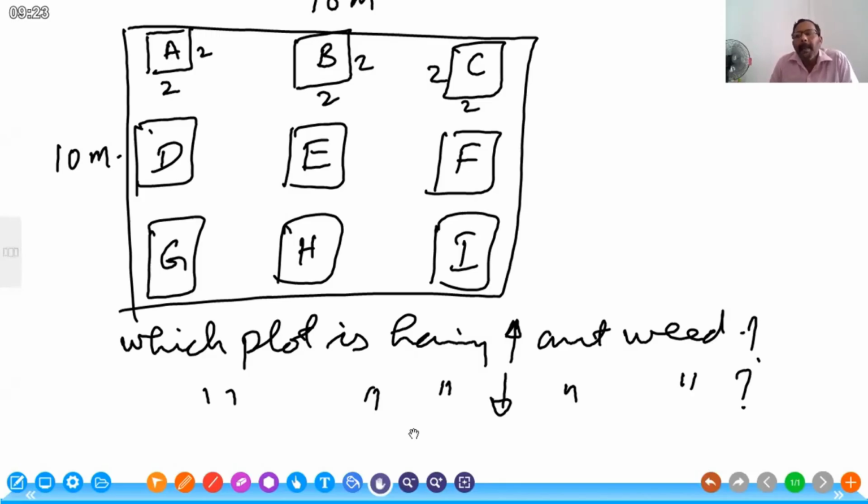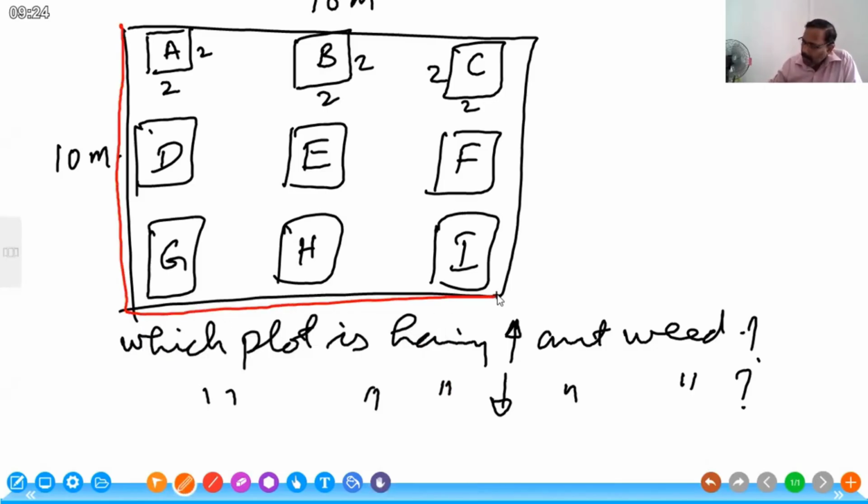A, B, C, ADG, HI. We say all four sides are bund. I will put it in red color. This is bund, this is bund, this is bund.